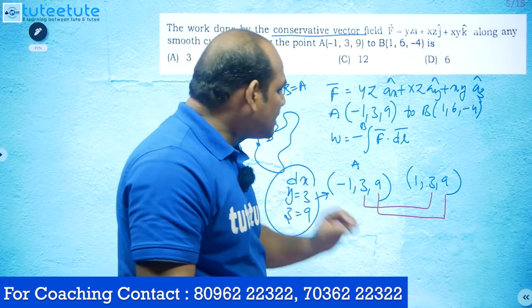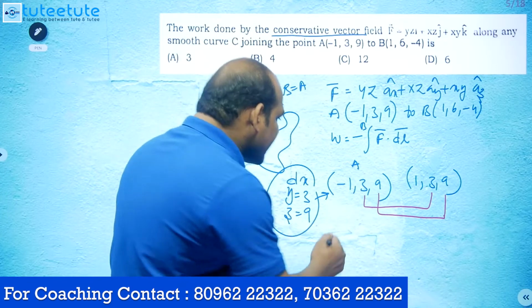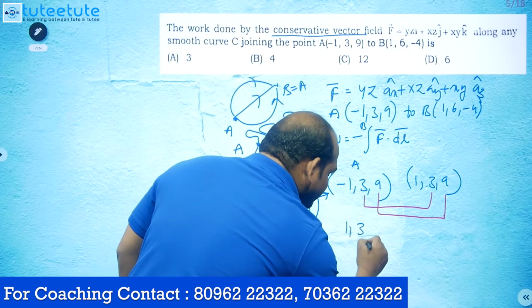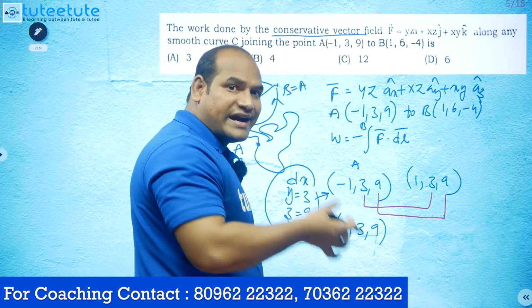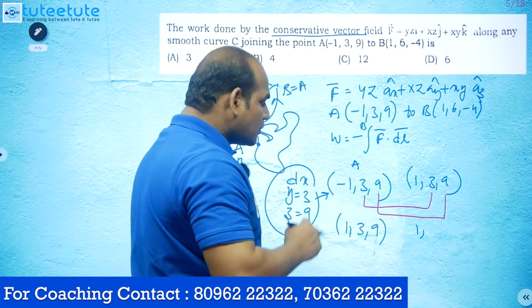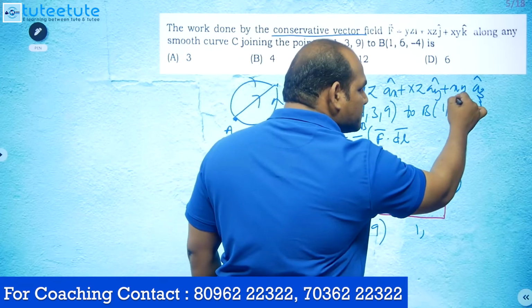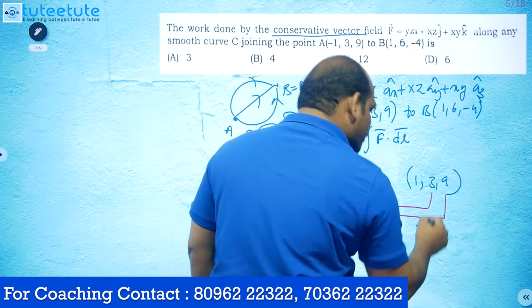Now the charge is available at (1,3,9). I am writing that here. Now I am moving in the y direction. So the x value is fixed at 1 only, but y is changed to 6, because finally I need to move to this point B where y is equal to 6.